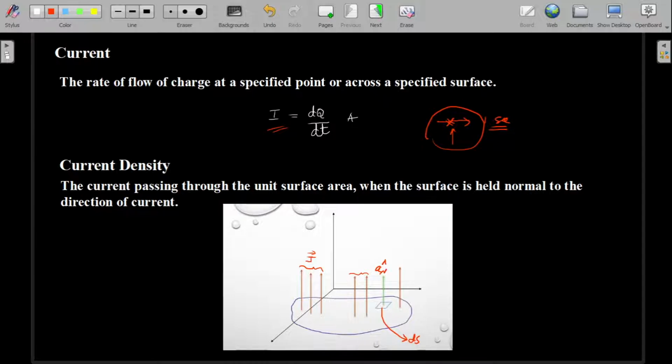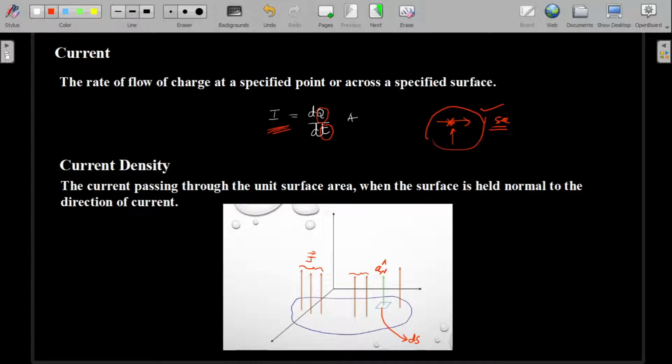I cannot sit and see with my naked eyes how many charges are crossing this point, right? That is not possible. The value itself is very small, too small to see with our naked eyes. So we go for mathematical expressions to express such scenarios.